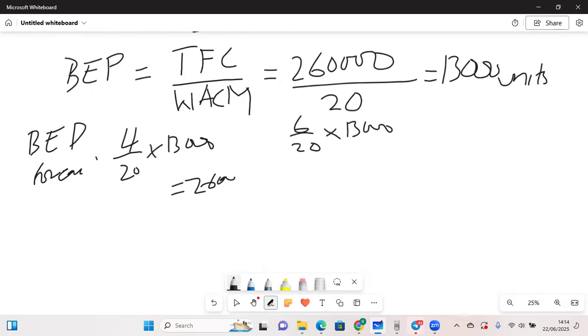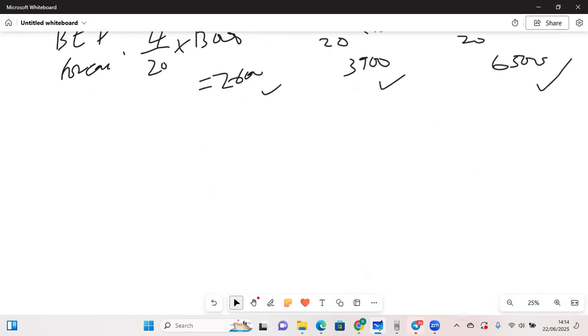And it's going to give us 3,900. And then the next one, 10/20 times the 13,000, and it is giving us 6,500. So this is the break even for each of them, for each dish.